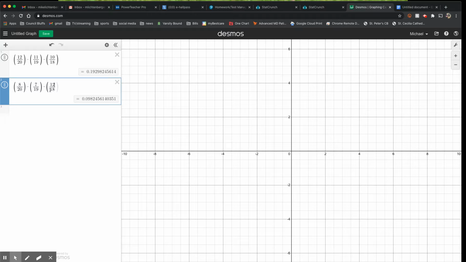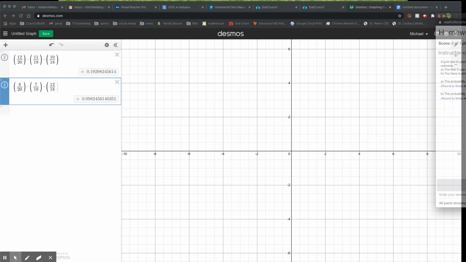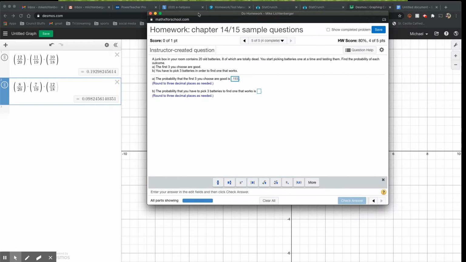Only 18 batteries are left, but if we assume that the first 2 are bad, then there's 18 left. Of those 18, 12 are still good. So we multiply 8 out of 20 times 7 out of 19 times 12 out of 18. And that gives us, if we round it to 3, 0.098.